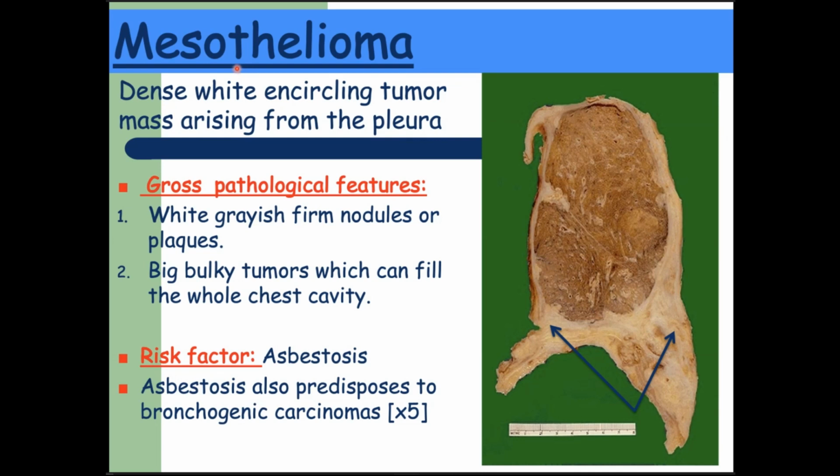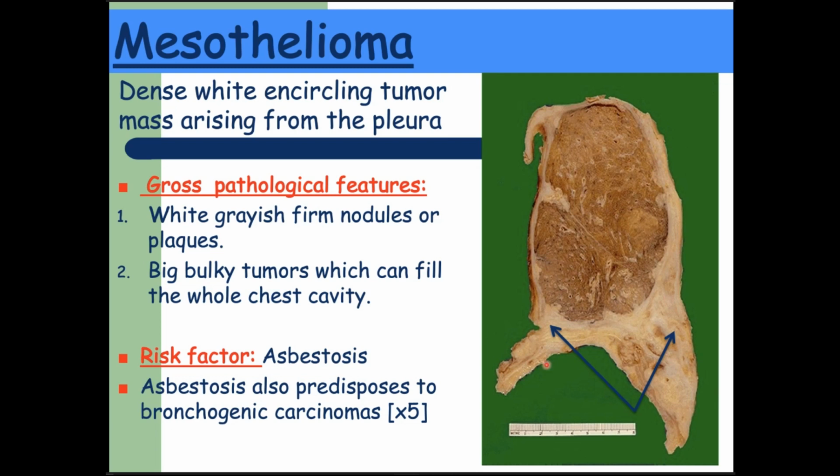So any malignant tumor arising from the mesothelium is called mesothelioma, but it is more common in the lung because it is inhaled. The asbestos bodies are inhaled, but they can also go into the GIT and cause mesothelioma of the peritoneum. But more commonly, it's the mesothelium of the pleural cavity.